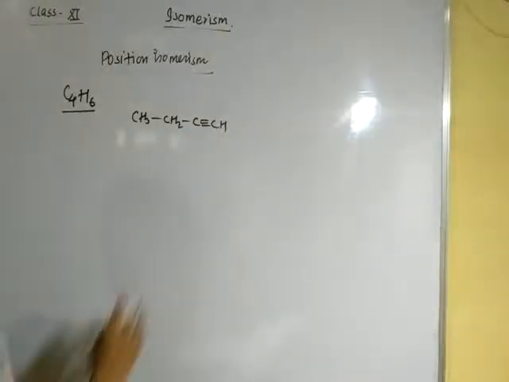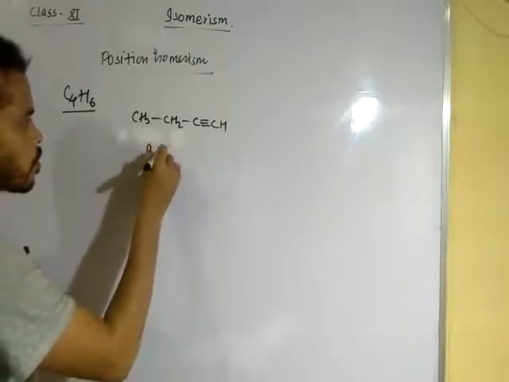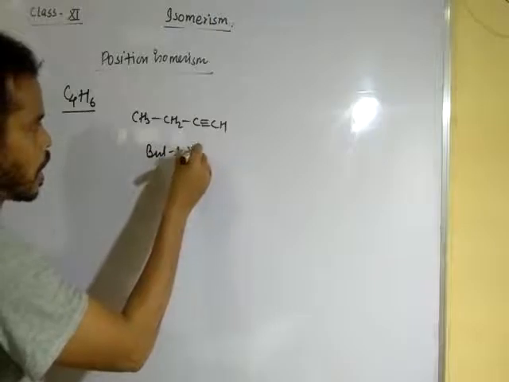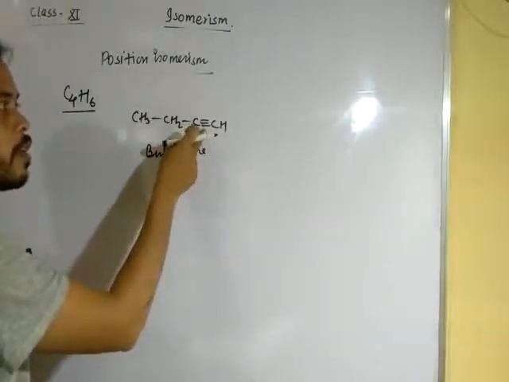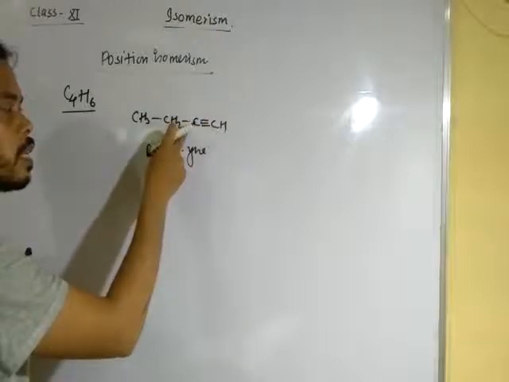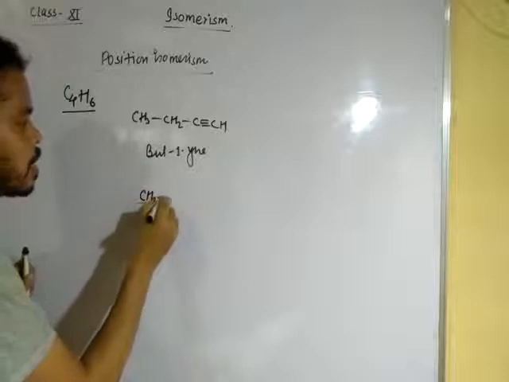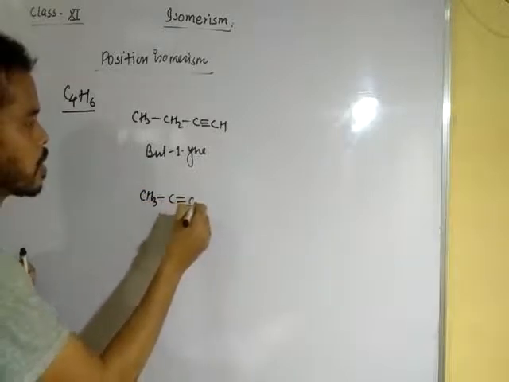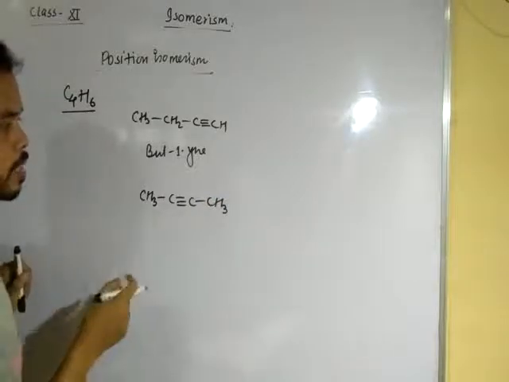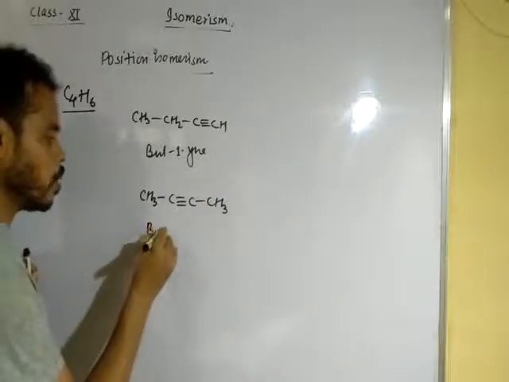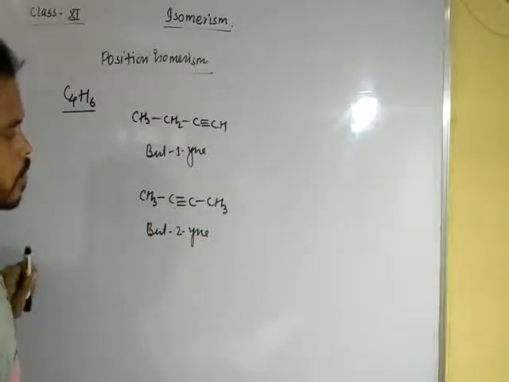So the name of this compound is but-1-yne. When the triple bond shifts from this carbon to the next, the other structure formed is CH3, C triple bond C, CH3. Clear, dear student? The name of this compound is but-2-yne.